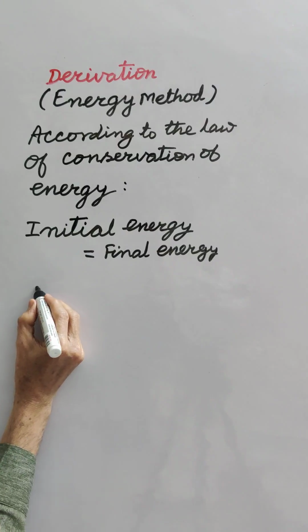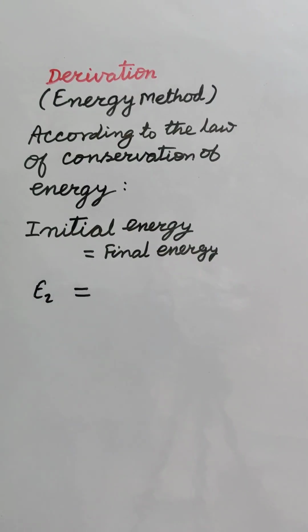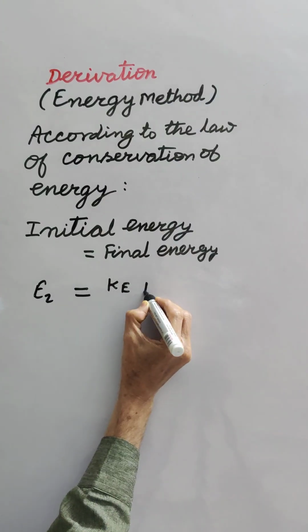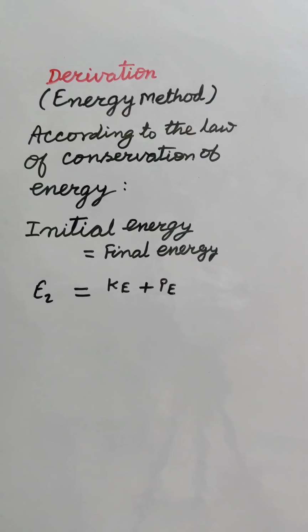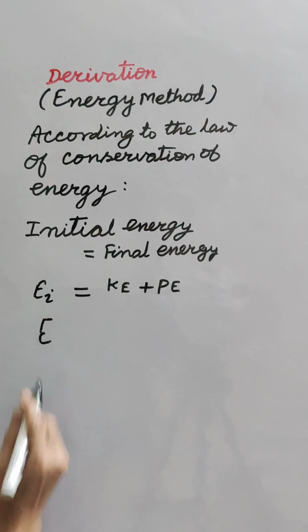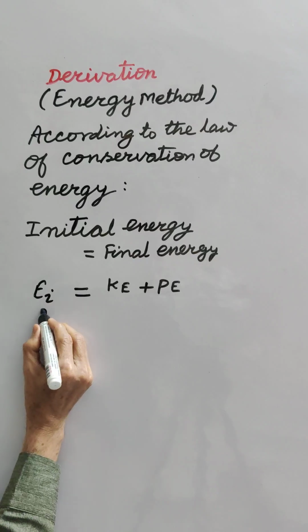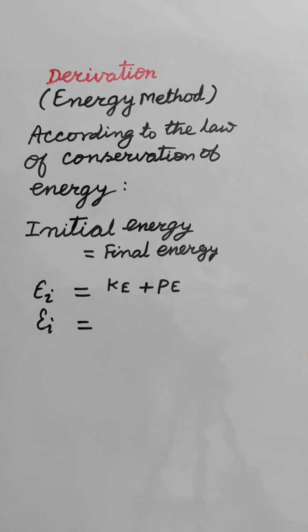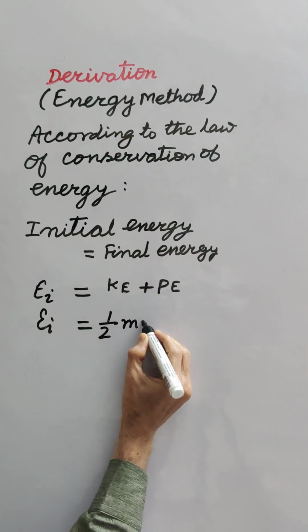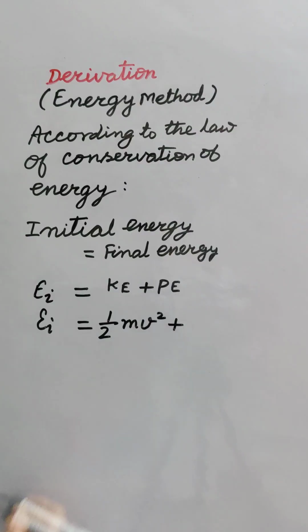So we can say initial energy is EI, which is equal to kinetic energy plus potential energy. Final energy will be kinetic energy plus potential energy. The initial energy is equal to, formula for kinetic energy is 1 upon 2 mv square, mass into velocity square, and that for potential energy is minus GMm upon r.